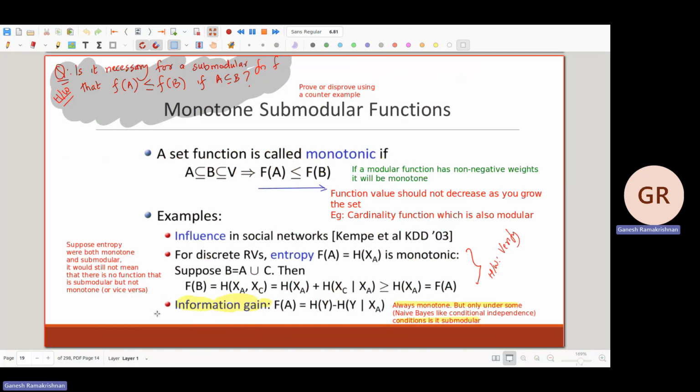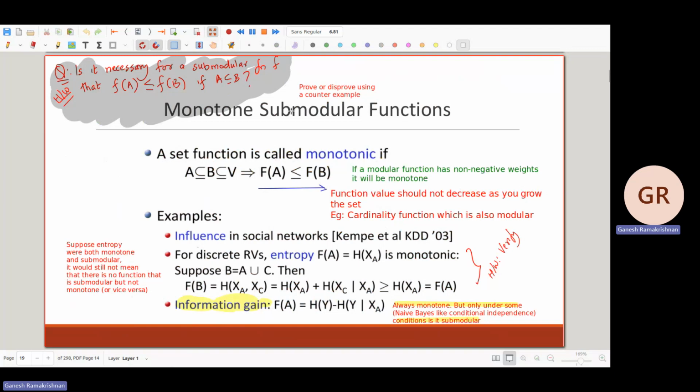But this class of submodular functions is larger than that of entropy, though the conditions were stated for entropy functions by Shannon. Okay, so yeah. So it's not necessary, by the way, that if the function is submodular, it must be monotone. It's not necessary at all.